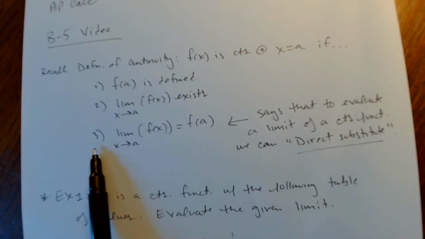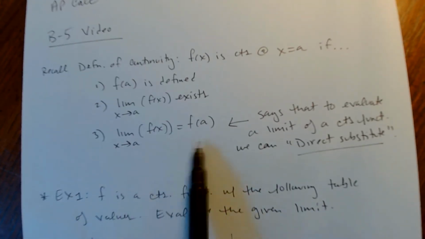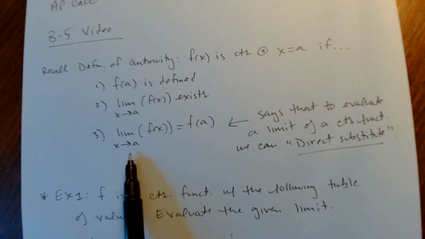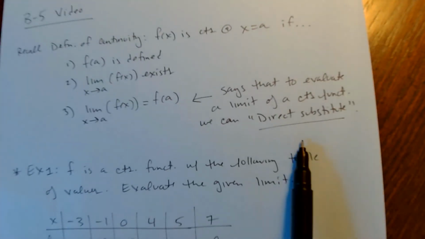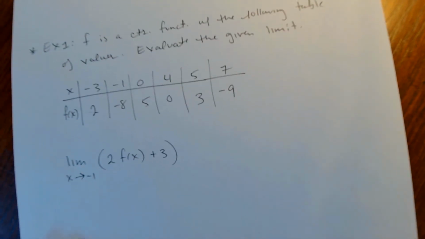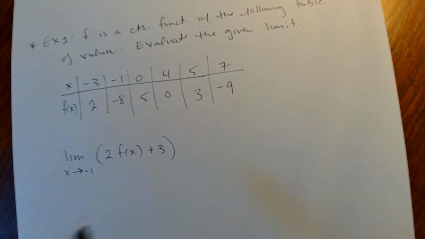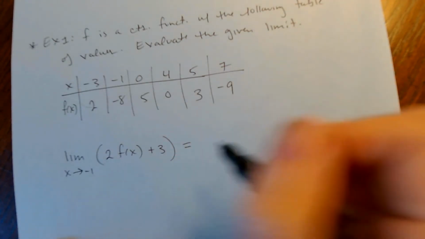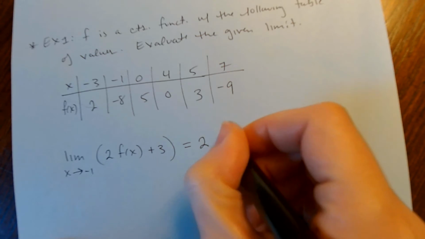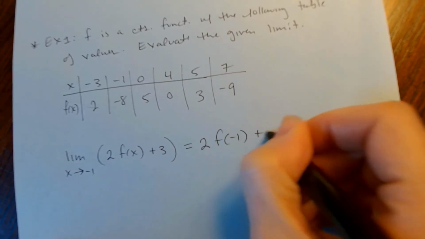And we know from condition 3 of a continuous function that the limit is going to be the same as the function value. So this says that we can direct substitute. So if a function's continuous, you don't have to be thinking about numbers super close to negative 1 from the left and right. You can actually just plug in negative 1. So this is 2 f of negative 1 plus 3.